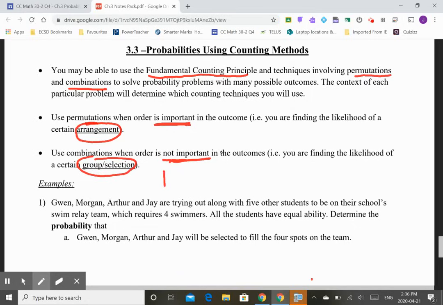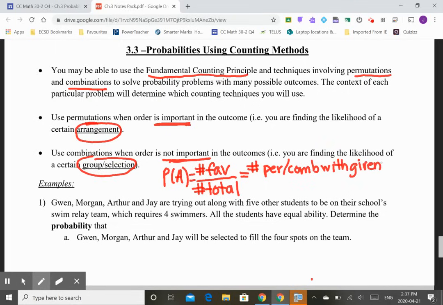What remains the same is that when we're finding the probability of any event A, it is still going to be equal to the number of favorable outcomes out of the number of total outcomes. In this section, the number of favorable outcomes is going to come from the number of permutations or combinations with the given restriction. And that restriction will be given in each question. That's what you want to find the likelihood of.